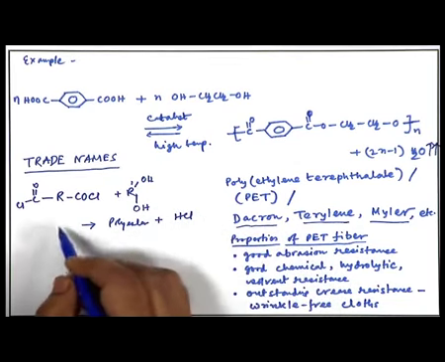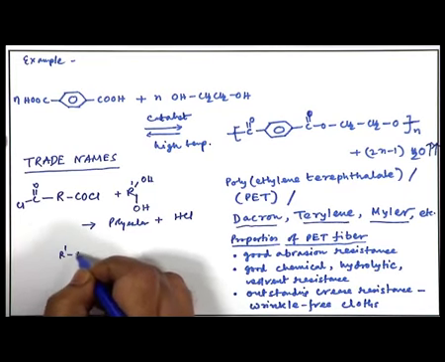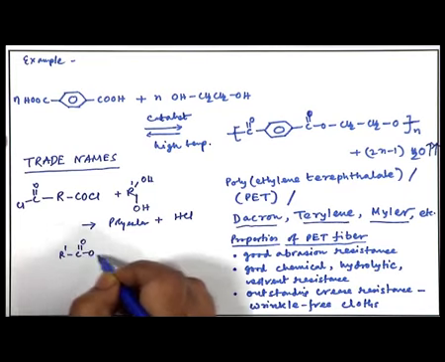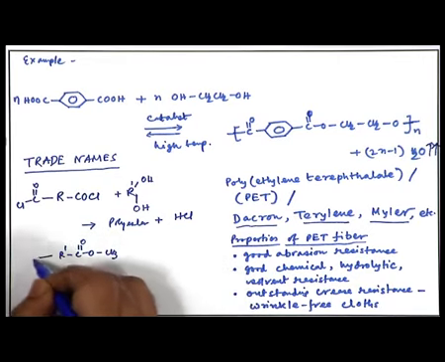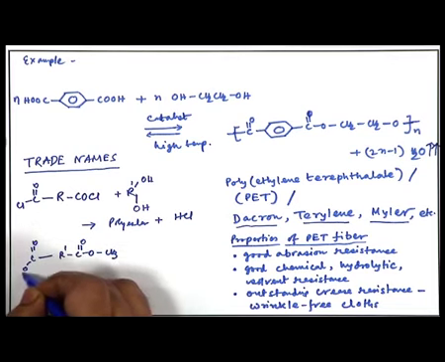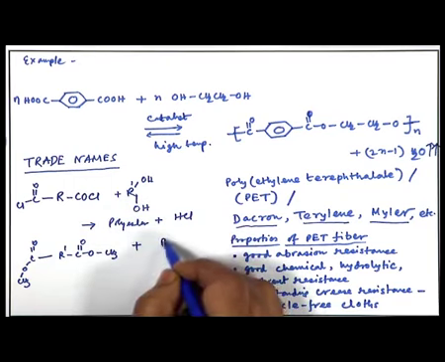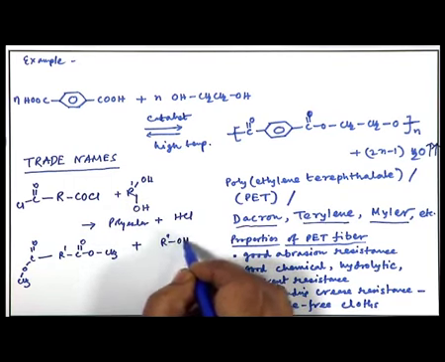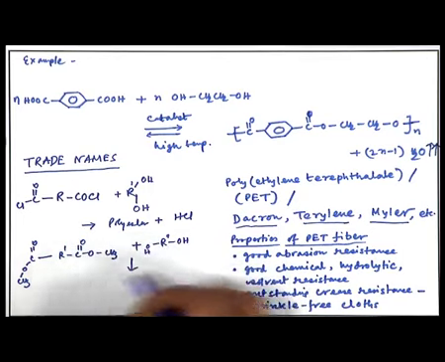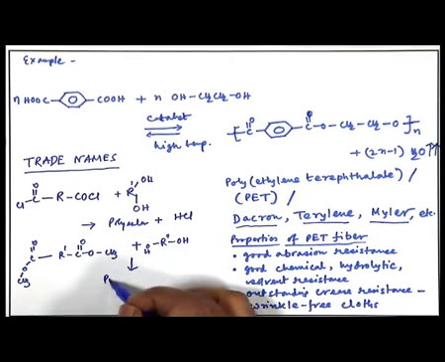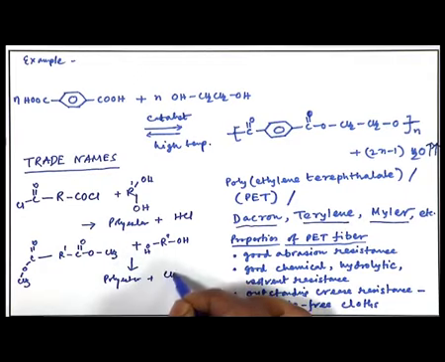You can also use methyl ester, like if I write this way, plus again the diol. You will also get a polyester, and in this case you will get methanol as a byproduct.